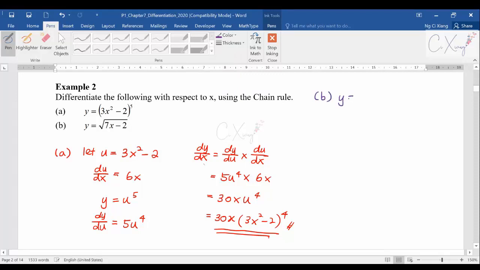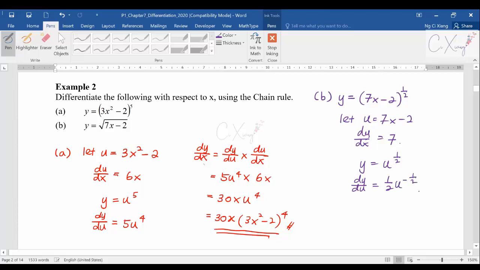For part B, y equals, I can write it as 7x minus 2 power half. First you let u equal 7x minus 2, then du dx equals 7. Then you have y equals u power half, and therefore dy over du equals half u power negative half.